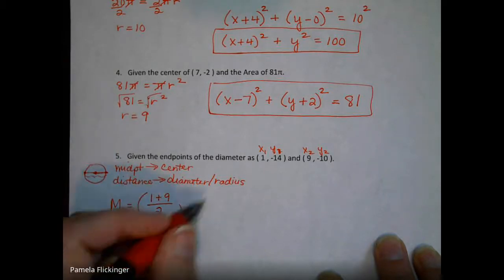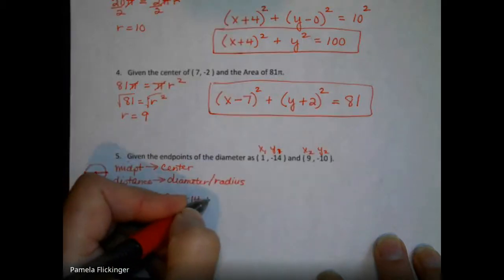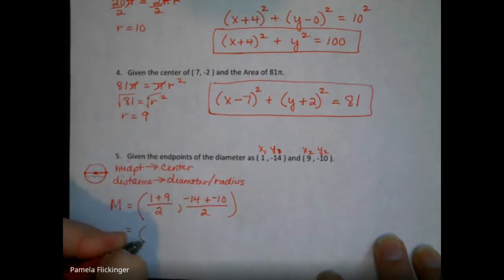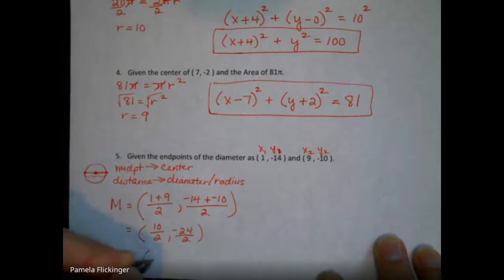The y-coordinate is y1 plus y2 divided by 2, so negative 14 plus negative 10, divided by 2. So I've got 10 divided by 2 and negative 24 divided by 2. My midpoint is 5, comma, negative 12.